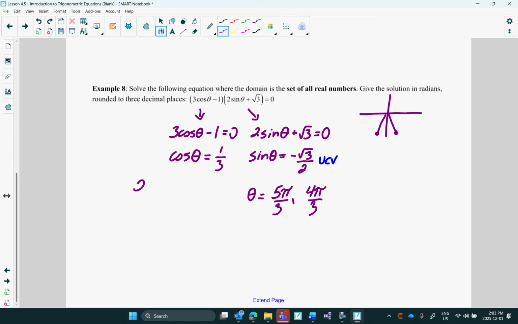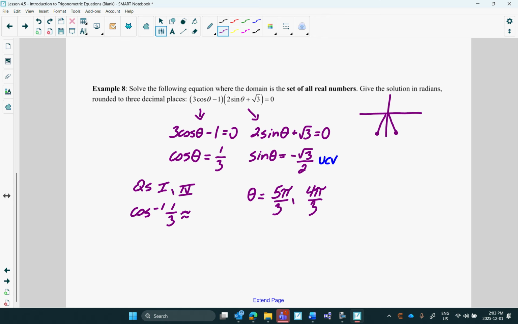This one, I'm going to do the quadrants. Quadrants 1 and 4, both sides positive. Reference angle, do cos inverse of 1/3. I'll give you this one.